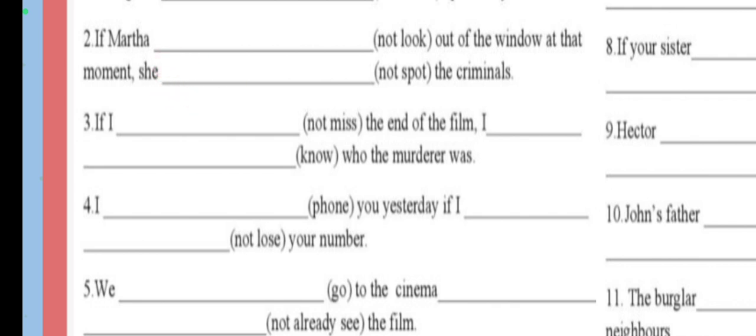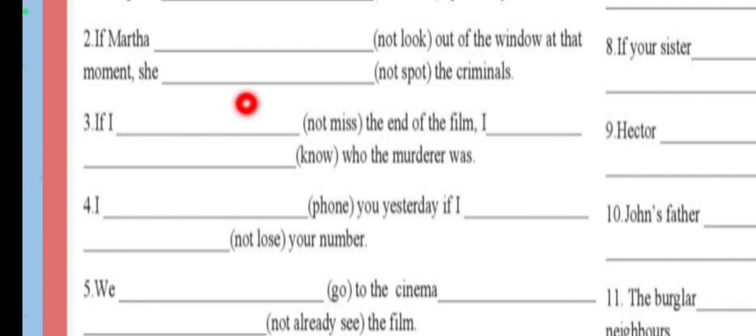El negativo se lo lleva el primer auxiliar. Would not. It wouldn't. That's good. Otra cosa, estudiantes. Okay, she wouldn't have spot the criminals. Sorry, she wouldn't have spotted the criminals. That's great.